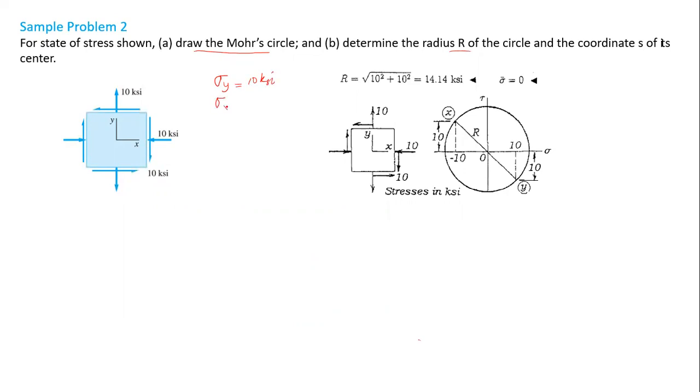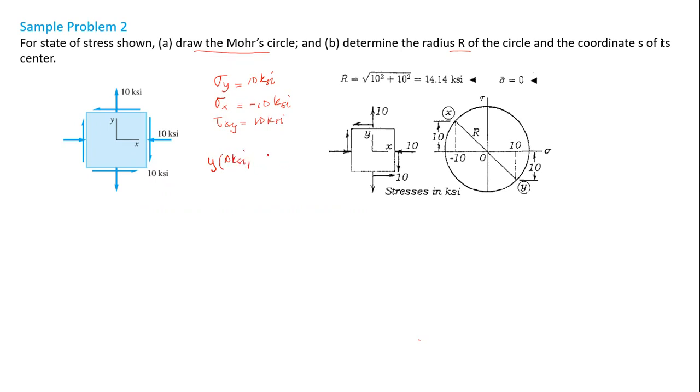Then sigma x is equal to negative 10 psi. So ang partner niya, i-plot nato atong tau xy is equal to 10 psi. So we're going to plot this one. So i-plot nato sa y. Ang y is 10 psi.